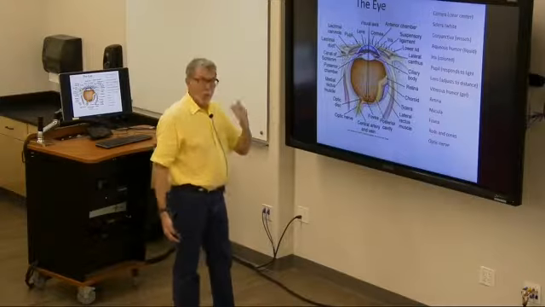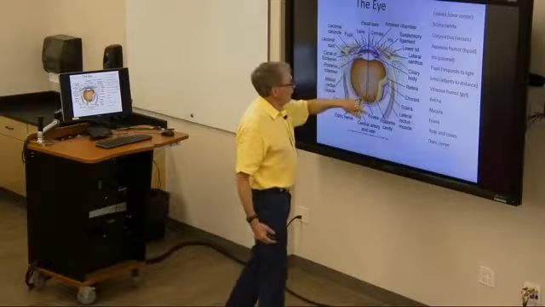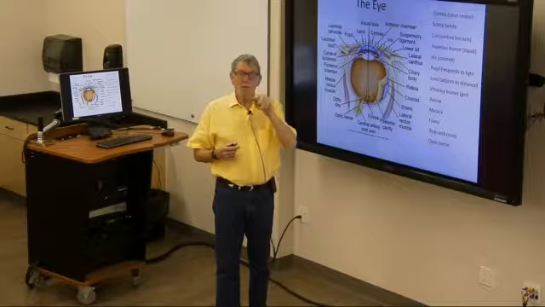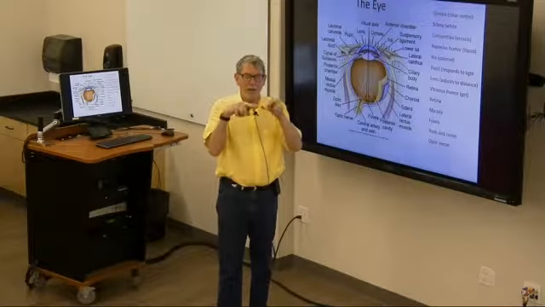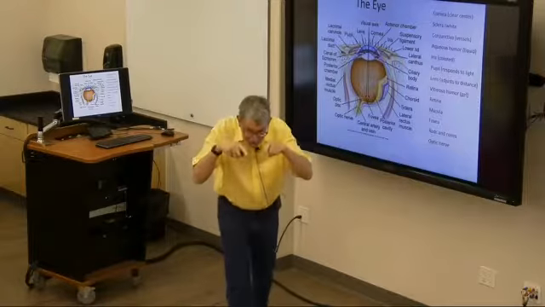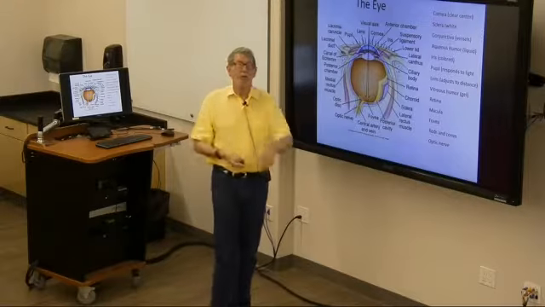Not the eyeball, but around the eye. You have a variety of muscles, several different pairs of muscles that move your eyes, track your eyes side to side, up and down, cross when you're coming in to view something close, and straighten when you're looking far.